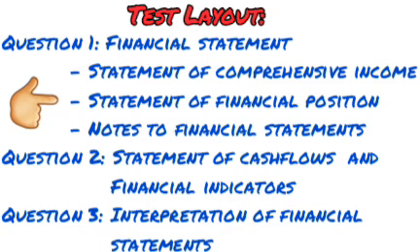Then you can go look for a statement of comprehensive income, or you can look for that one that has both the statement of comprehensive income and financial position all in one go. Just make sure that you cover those statements, because they're going to be in question 1. And by the way, this question 1 will most likely be the one that has the most marks. So if you mess up here, that can jeopardize your final mark for your March test.